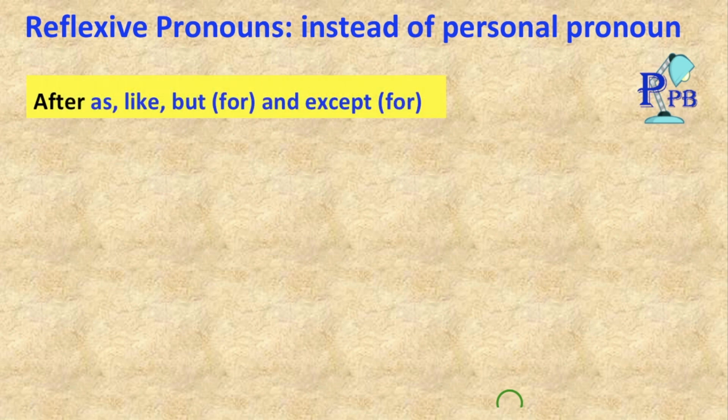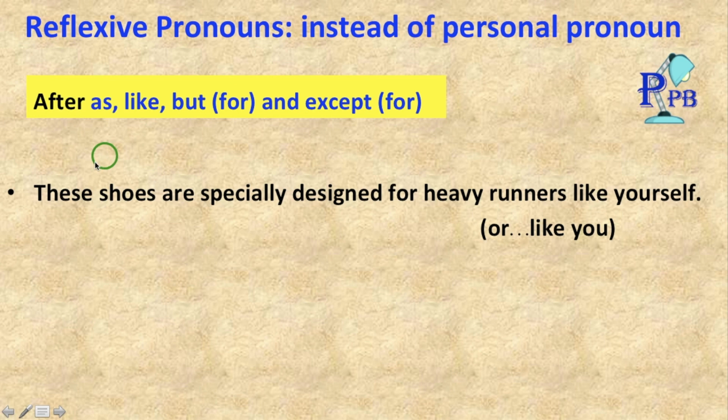Now, in some cases we use a reflexive pronoun instead of a personal pronoun, for example, after as, like, but, for, or except for. So let's see the example. These shoes are specially designed for heavy runners like yourself.